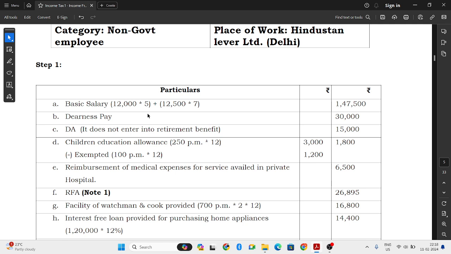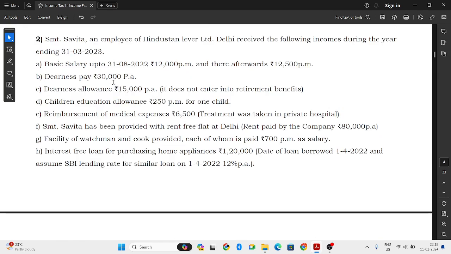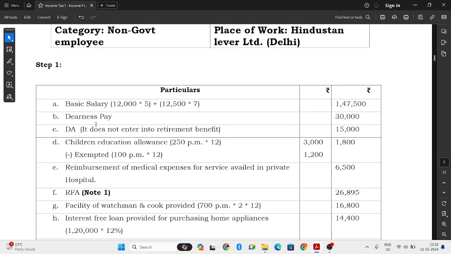When you add both, it will be 1,47,500. Next, dearness pay is 30,000 per annum.